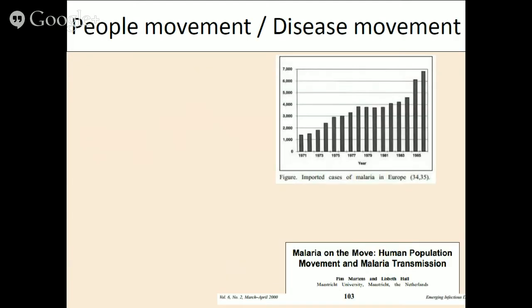This graph is showing how the number of malaria cases in humans that travel from endemic areas of malaria to Europe has been increasing. And here you can see that across time, the number of reports of imported malaria in Europe has been growing, and this could be related to the improvement and the facilities to travel across the world.